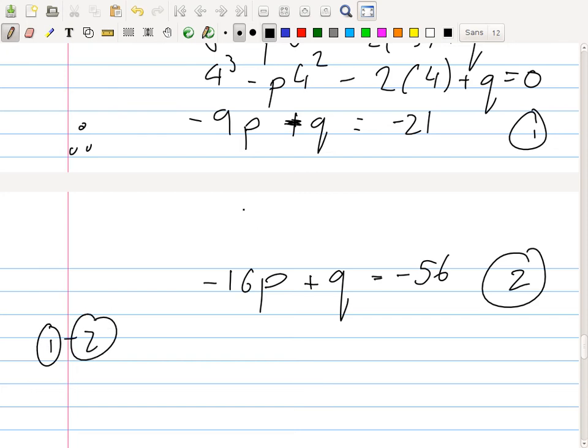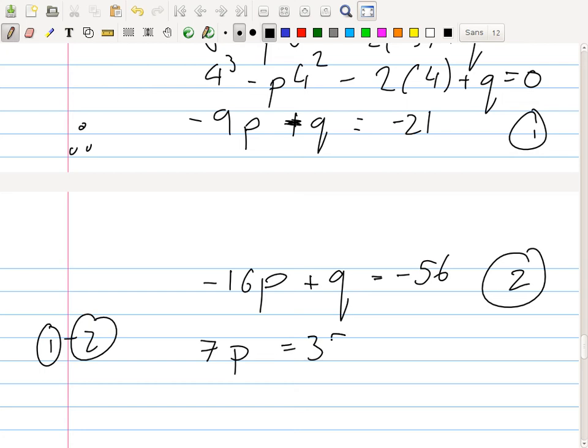So you're having minus 9 minus 16p, what's that? 7p, isn't it? And then q minus q is gone. And then minus 21 minus 56 will be 35.